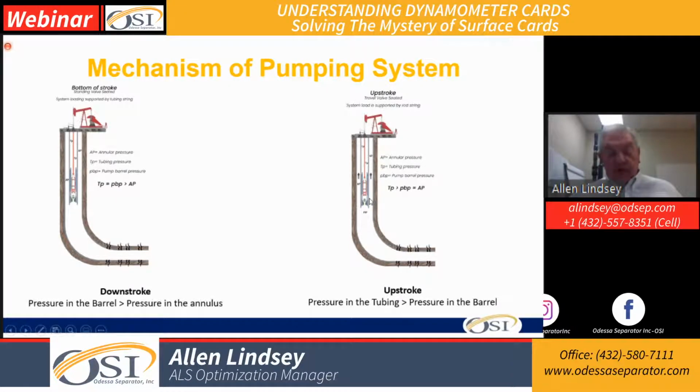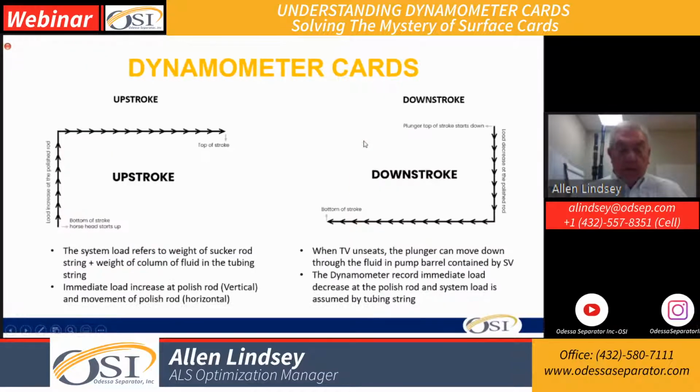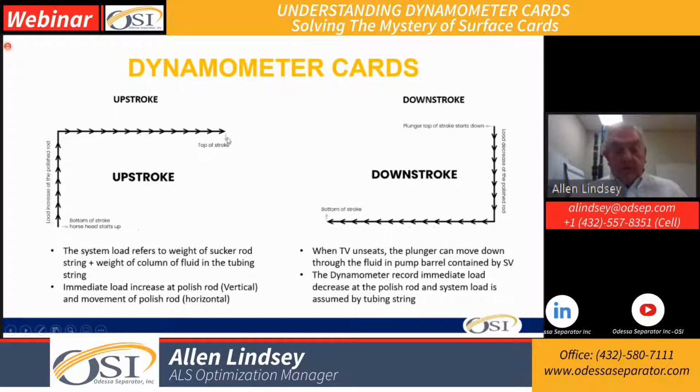The standing valve ball unseats, allowing fluid from the annulus to fill the pump barrel as the pump plunger moves upward with the upstroke. The dynamometer card will record an immediate load increase, or vertical movement, at the polish rod. With the upward movement of the polish rod through the upstroke, the dynamometer card moves from left to right to the top of the stroke.